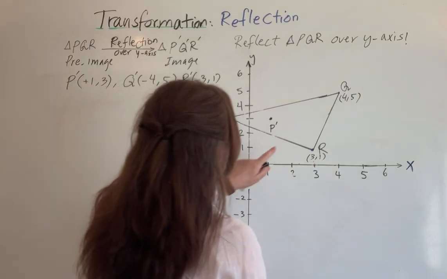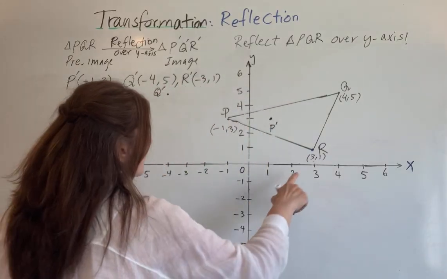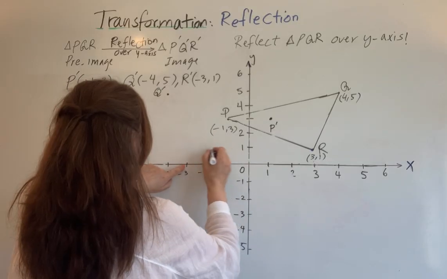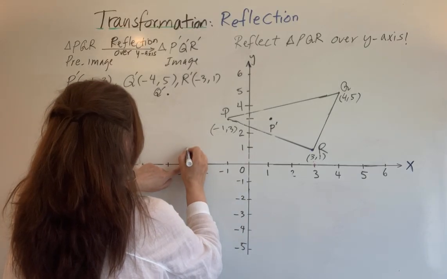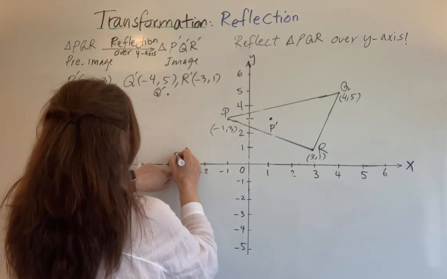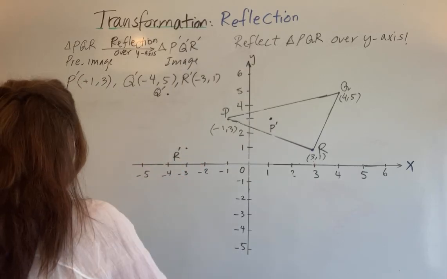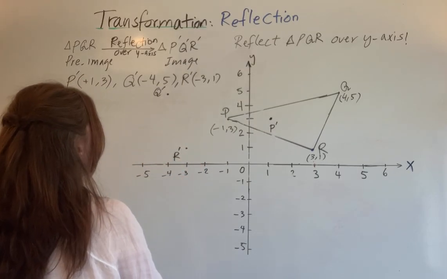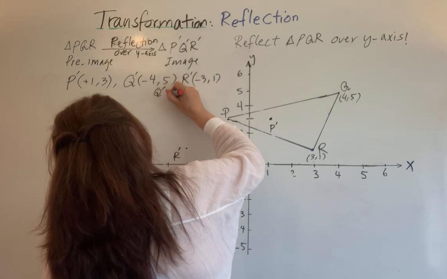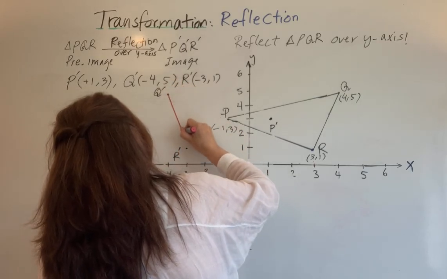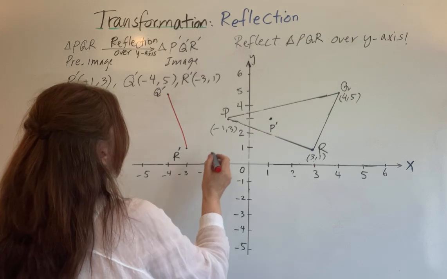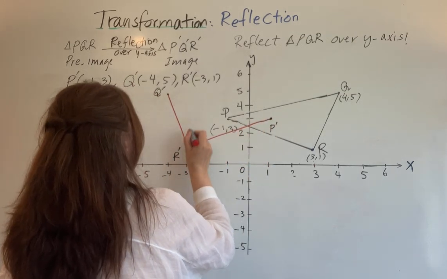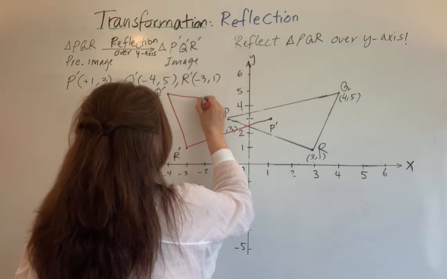Okay. How about R prime? R prime is 3, 1. Here is -3, 1. The same Y. This is R prime. Right? We can connect this. P prime to R prime.